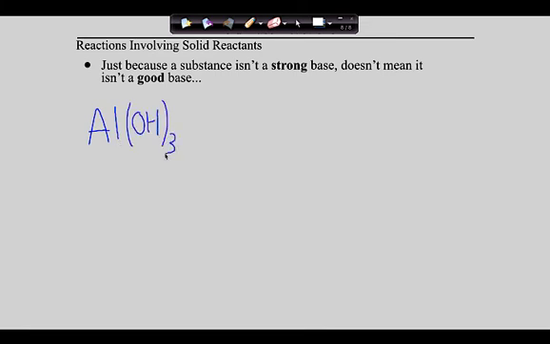Does aluminum hydroxide dissolve in water? It does not. Guys, aluminum hydroxide is not a strong base. It's not a strong base because it doesn't dissolve in water. So guys, let's talk. Which hydroxides do dissolve in water? Lithium, sodium, potassium, rubidium, cesium, calcium, strontium, and barium.